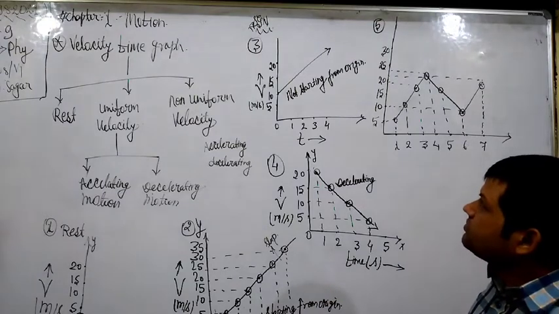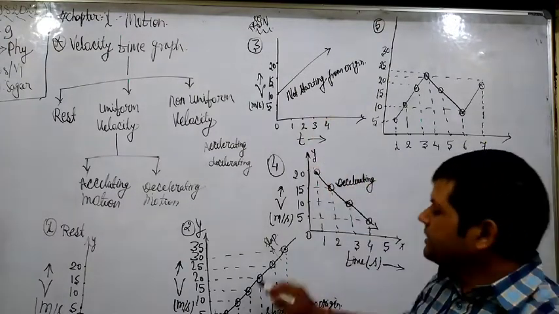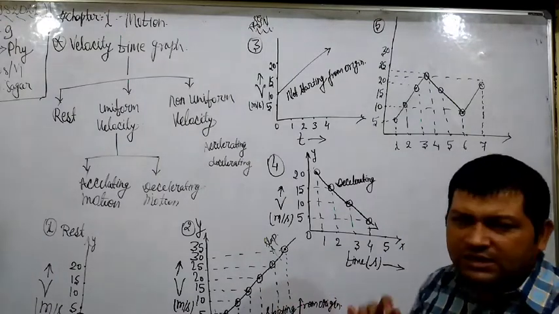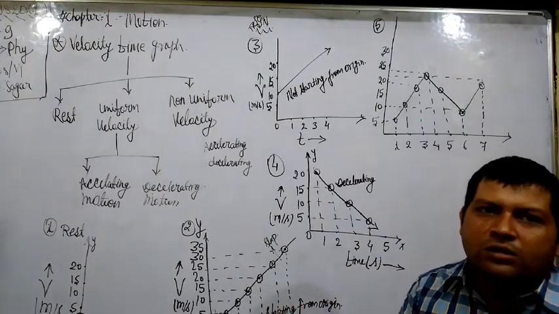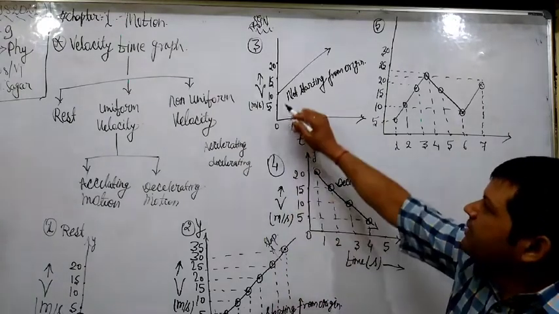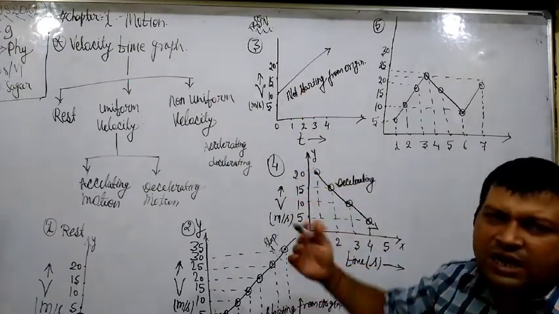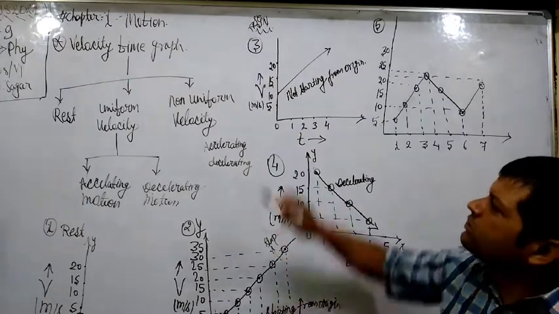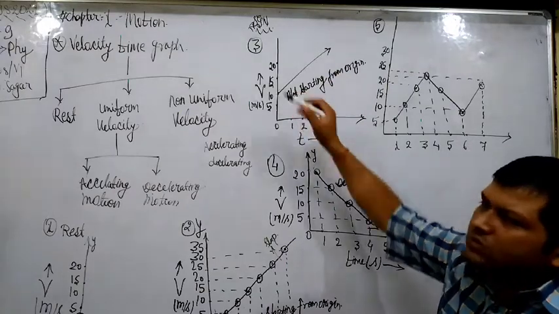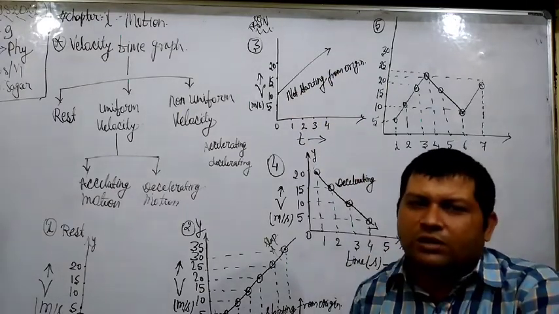Now in the third case, we take the example of a velocity graph that does not start from the origin. This is another case of uniform acceleration, when the object starts to move with some definite velocity.